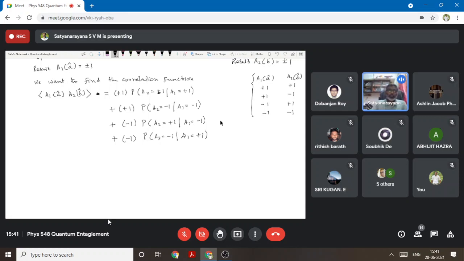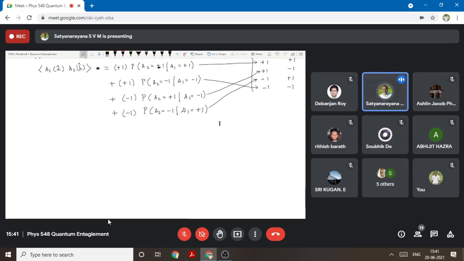Each one of these terms will correspond to one of these possibilities, and these values that I have here are the product of A1 into A2. Now we have to actually calculate these probabilities.